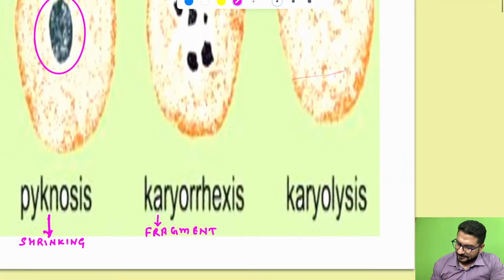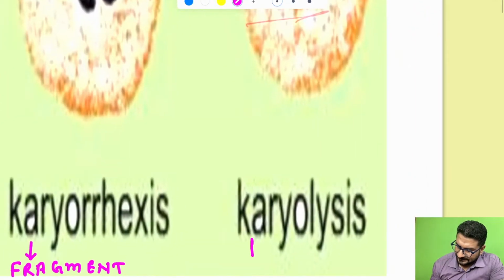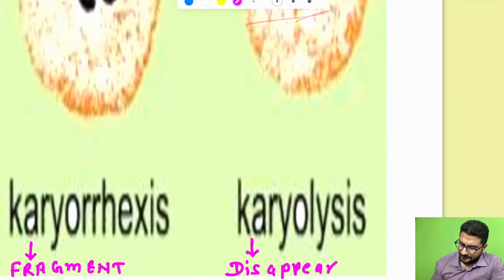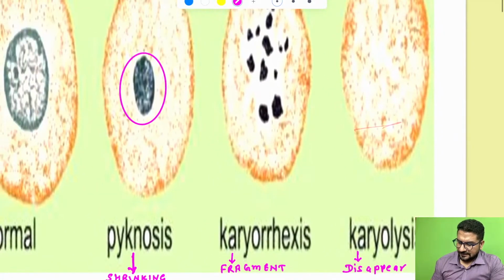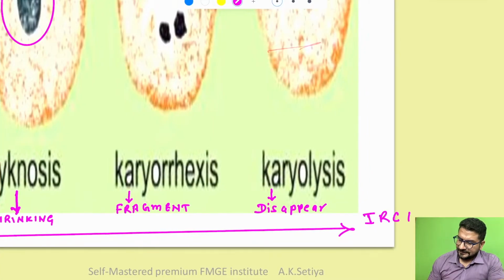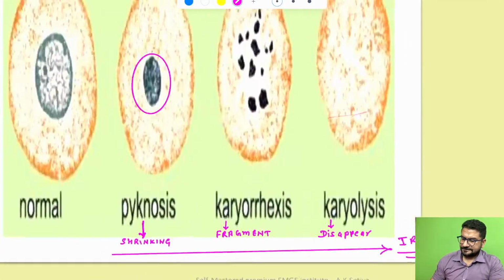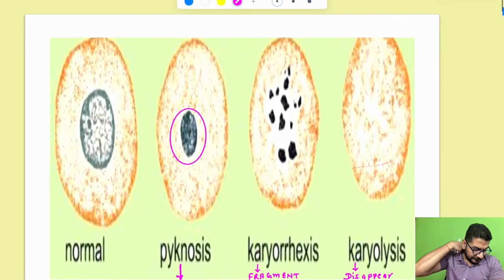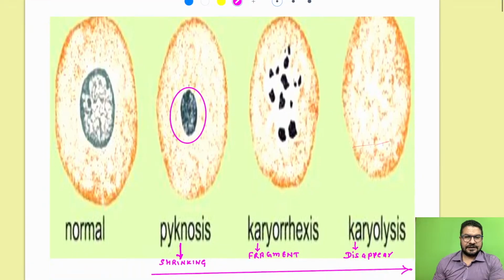When the nucleus disappears, we call this karyolysis. So these are pycnosis, fragmentation, and karyolysis. These are the changes you will see in IRCI, irreversible cell injury. Done? Irreversible cell injury.